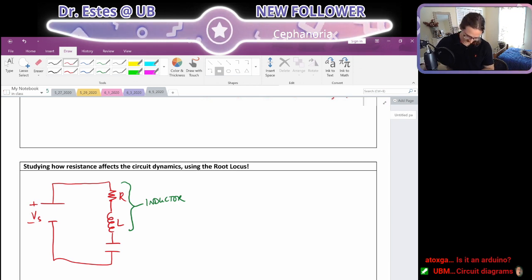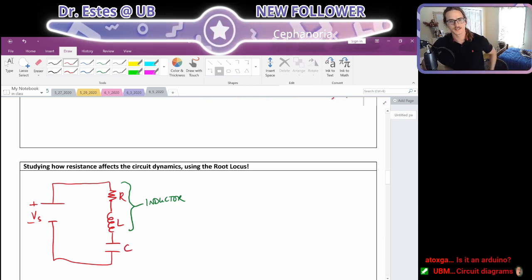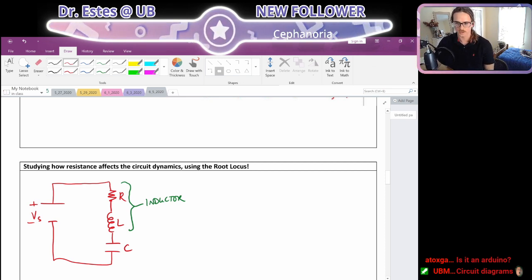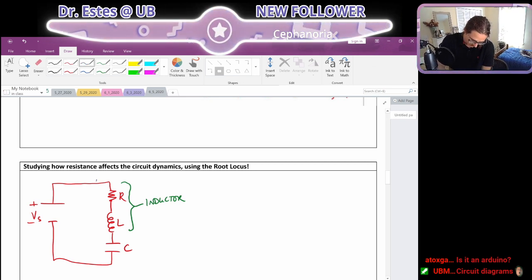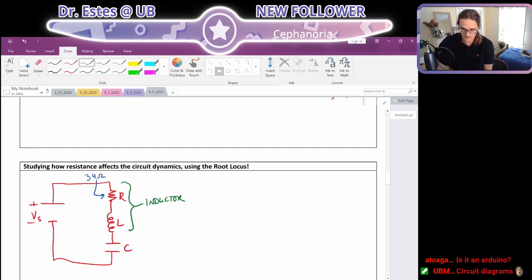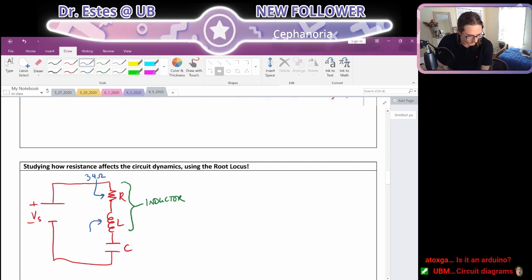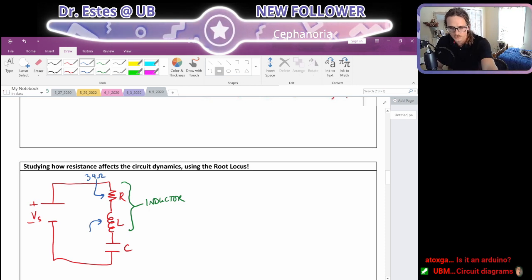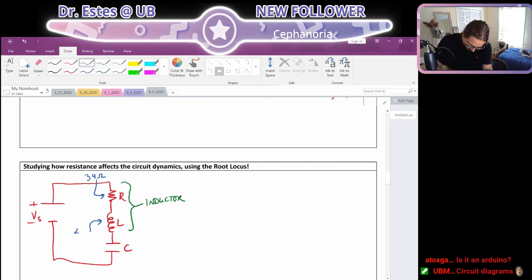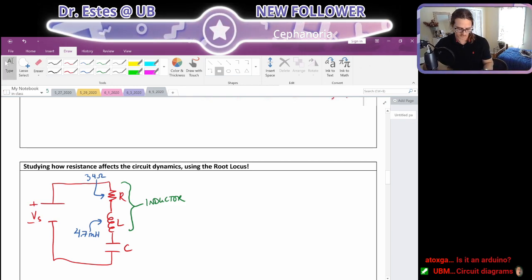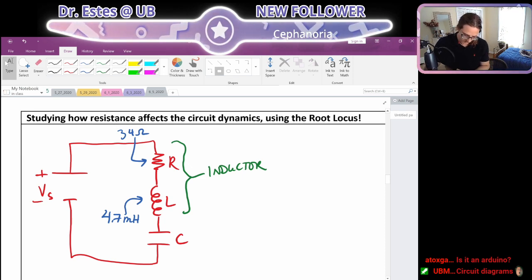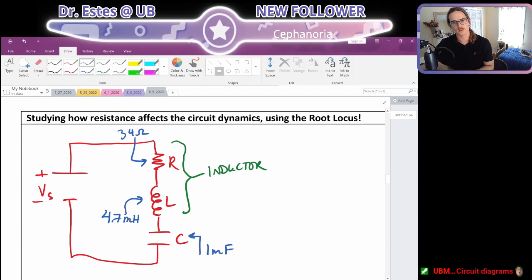Circuit diagrams. And there's our capacitor. So this is going to be 34 ohms. This should be, let me just make sure I got this right. Yeah, 4.7 millihenries. And then this one is 1 millifarad.